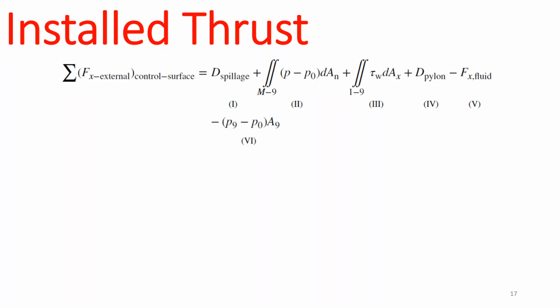Okay. So if you plug the values in, and all of the losses that you want to calculate, also the friction drag, the wall friction drag and everything else, your main equation with that control volume is going to look like this. Part 1 refers to this as spillage drag.